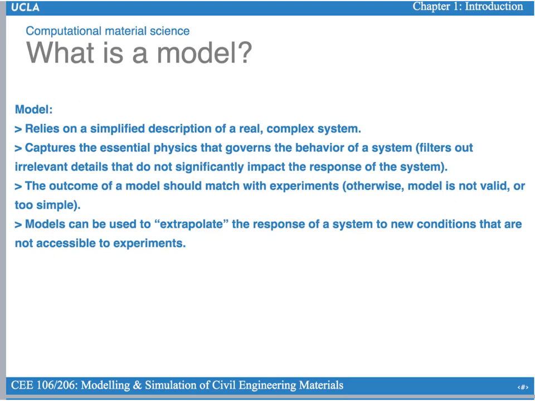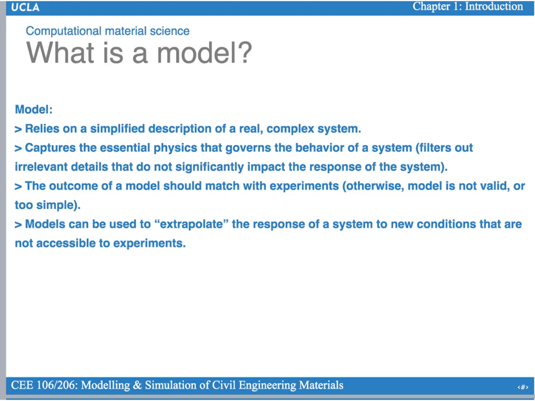For example, we know that all systems to some extent are made of atoms, and the way those atoms are made and the way they interact with each other involve quantum effects. But in many cases, the quantum description of how atoms are made and interact with each other does not necessarily matter for the macroscopic response of materials.